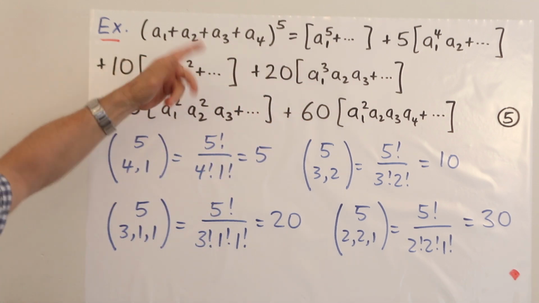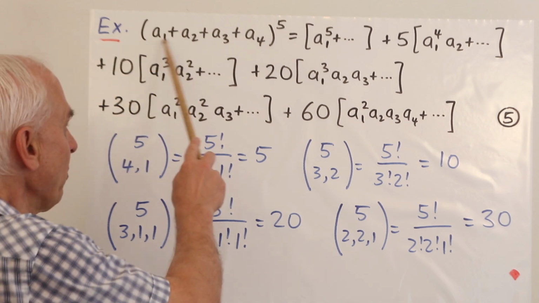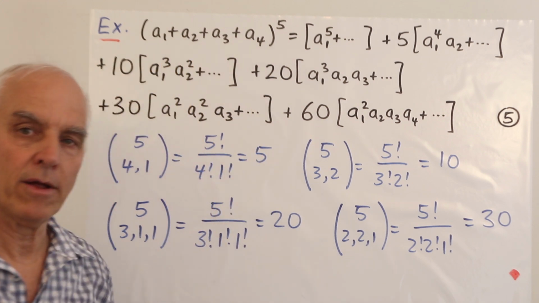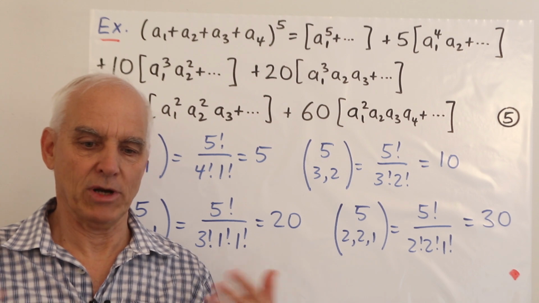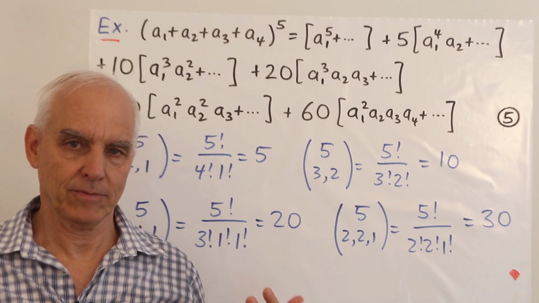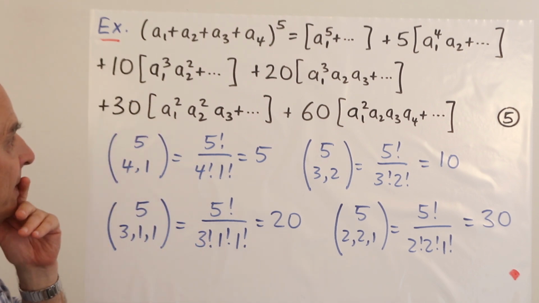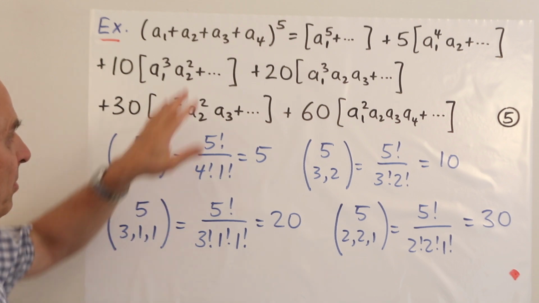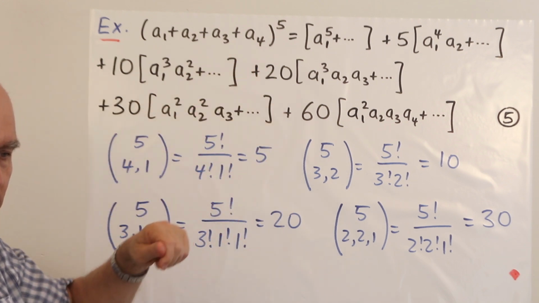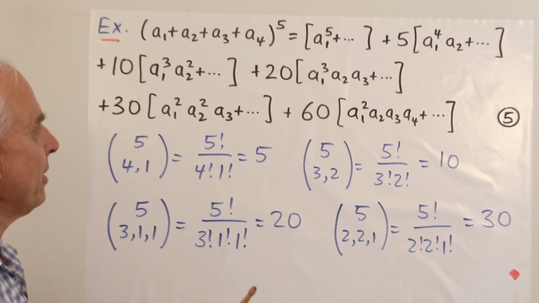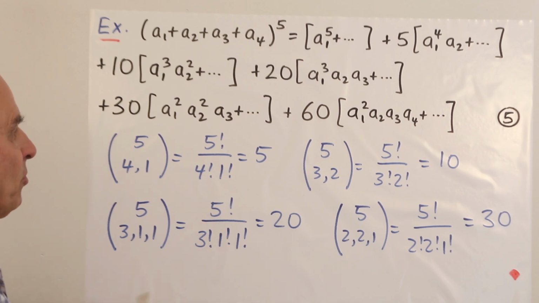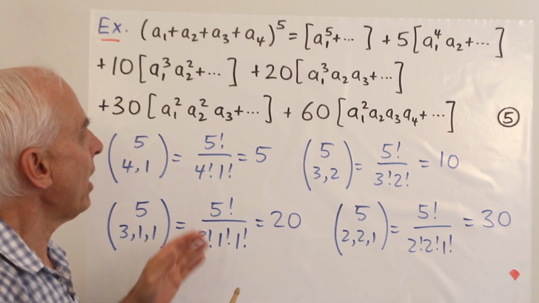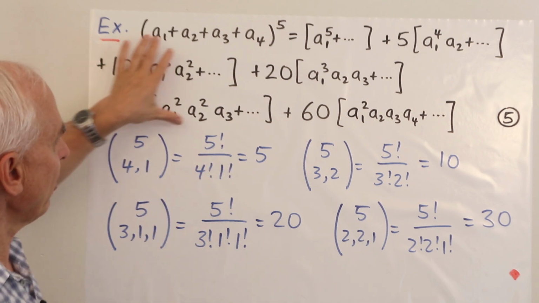Okay, but let's do a specific case here. Let's look at (a1 + a2 + a3 + a4) to the fifth. We want to expand this thing out. Well, there's going to be a lot of terms, right? There's going to be 4 to the 5th terms, but some of them are going to be the same. They're going to get grouped together. So I'm expressing what we get here in this fashion.